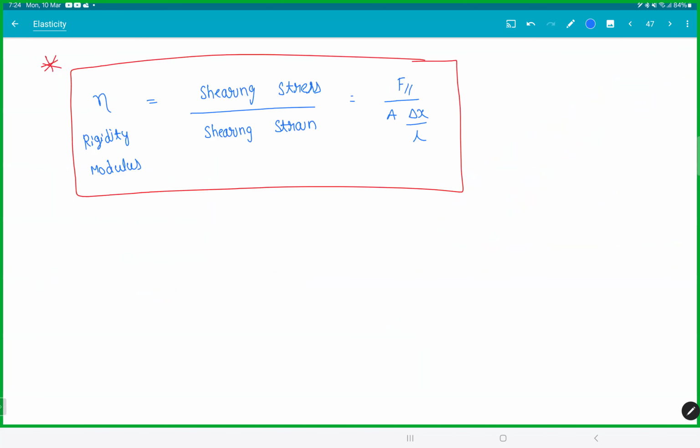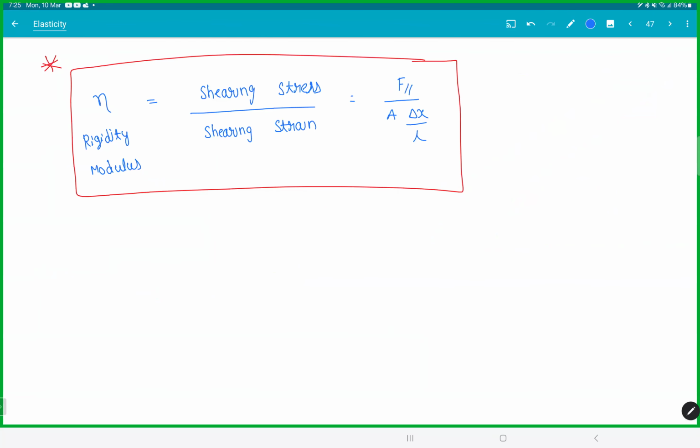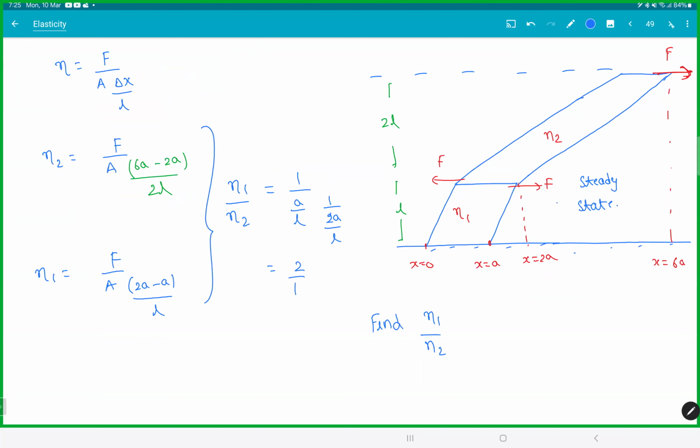What is delta x by L? The displacement between this point and this point, the relative displacement. So for this upper one, this went to 6A, this went to 2A, so the displacement is 4A. Understood? Great. Next one.